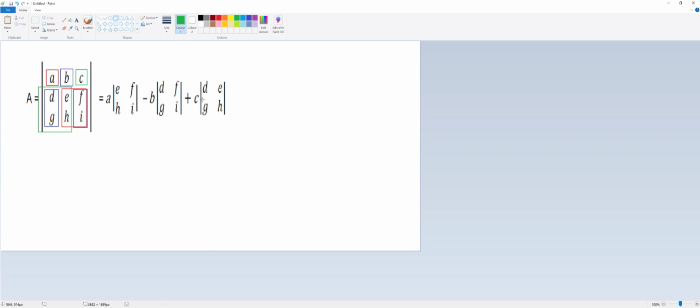D, E, G, H. And obviously I would be calculating the determinant associated with these little matrices that I'm taking out. So that's how you would calculate the determinant of a 3 by 3 matrix.